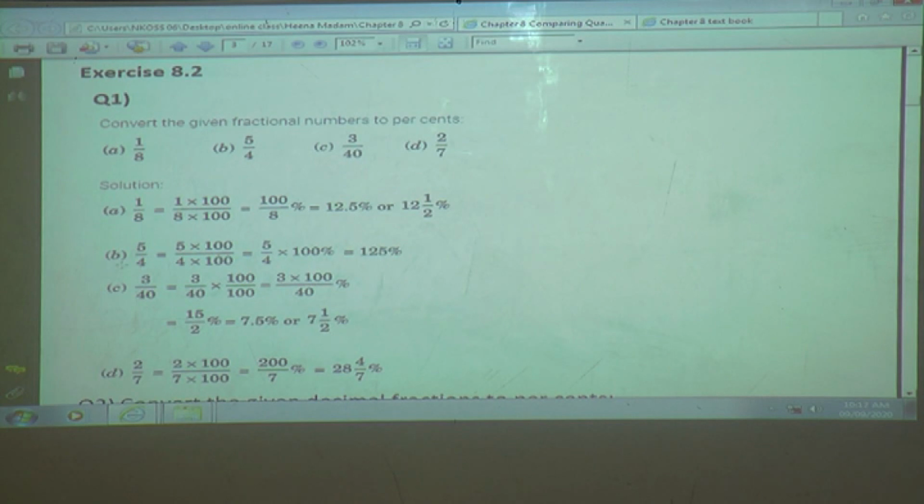So when you want to convert the fraction 5 upon 4 into a percent, multiply it by 100% and we get 125%. One more example, we have 3 upon 40 multiplied by 100 upon 100, or as I told, 3 upon 40 multiplied by 100.